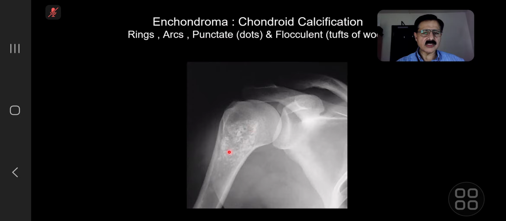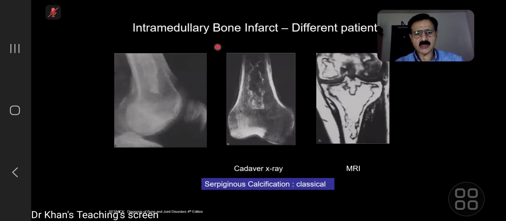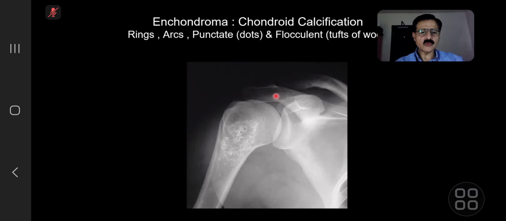Point to remember is that an enchondroma will have this kind of calcification. A bone infarct will have a serpiginous type of calcification, usually. And this is how you discriminate, because both of these conditions can show malignant transformation.